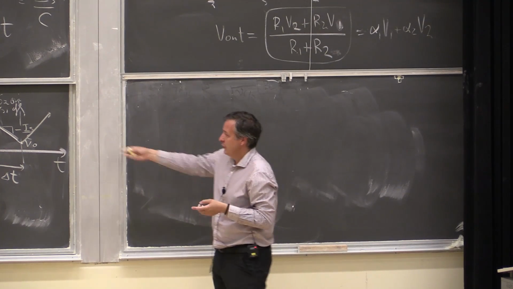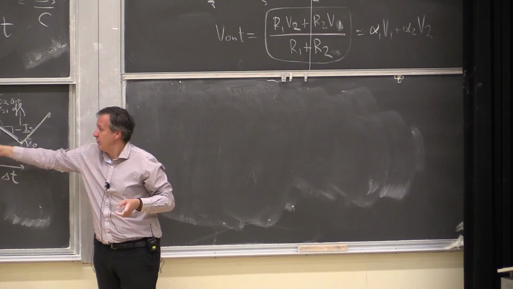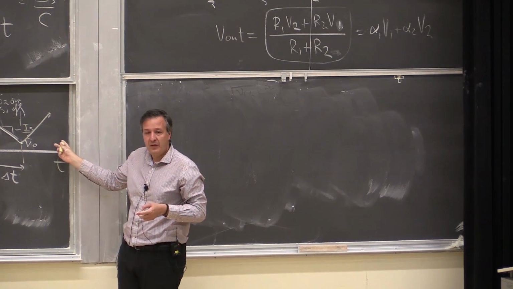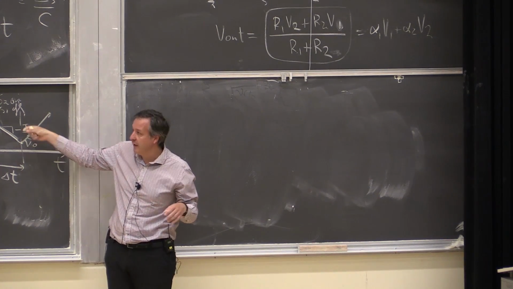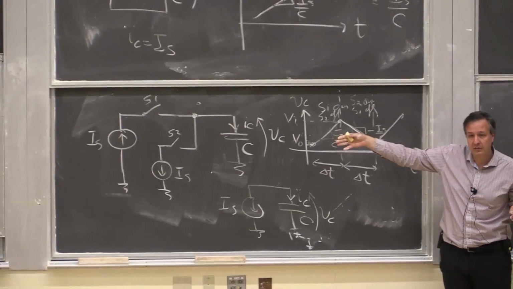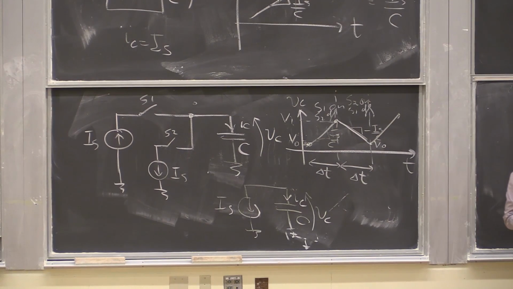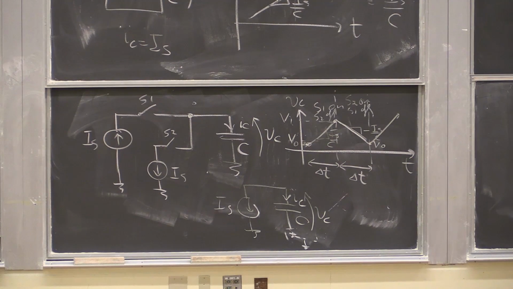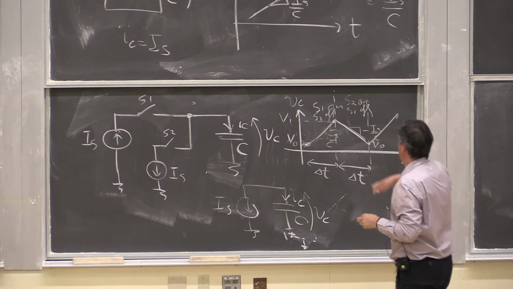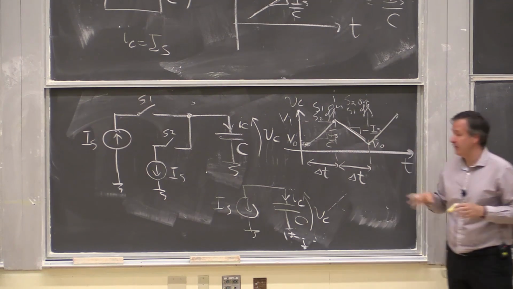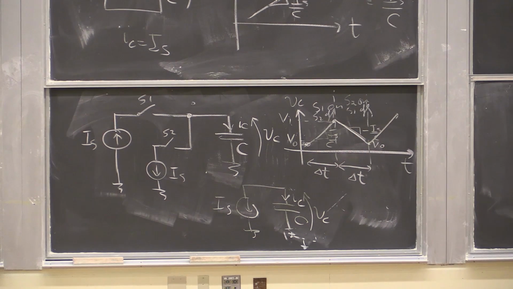So we have a circuit here which has this ramp. How do we turn this triangular waveform, periodic, into a rectangular waveform? Take a derivative. Sure, you could do that, but for that you need some sort of a circuit, right?